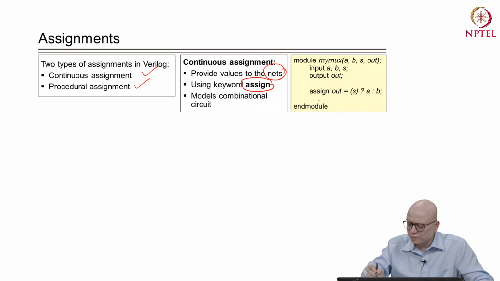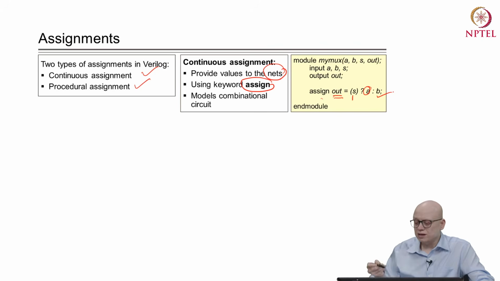Here is an example: assign out is equal to S ? A : B, meaning if S is equal to 1, then A, else B. It is a kind of multiplexer that will be created for out. This is called a continuous assignment, and it is giving a value to a net whose name is out.